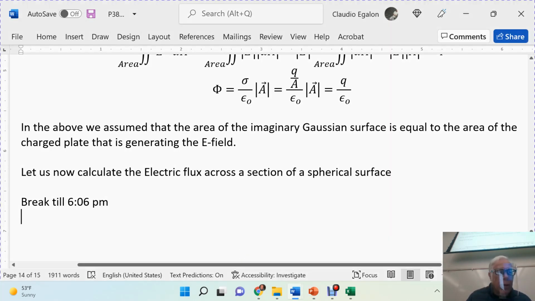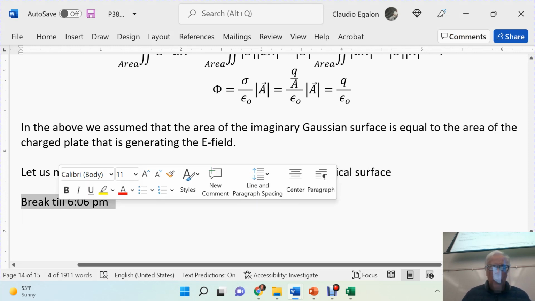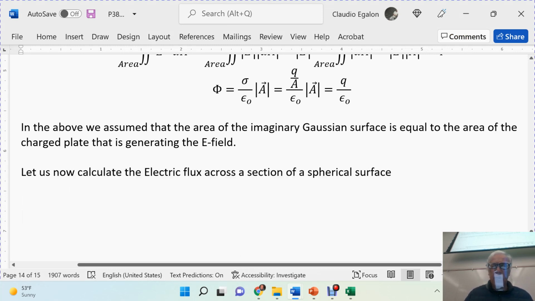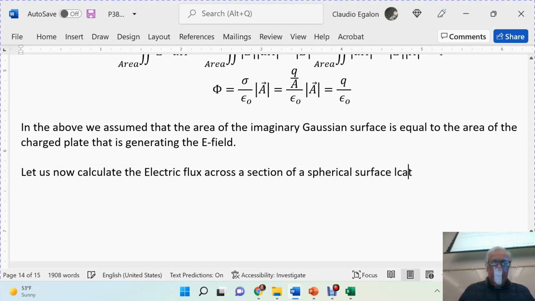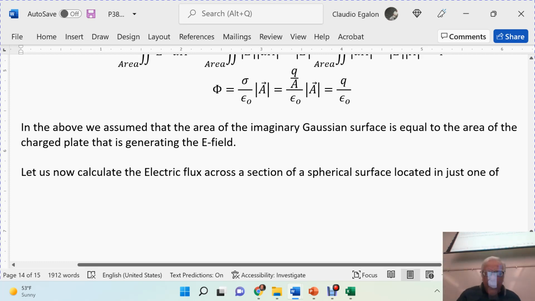So here you go. Let's calculate the electric flux across a section of a spherical surface located in just one quadrant.